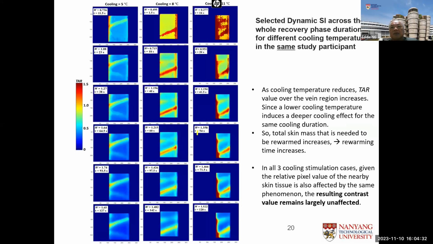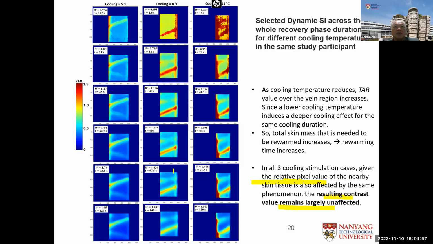Right, what I want to show you here is that we also tested 3 cooling air temperatures, and we found that in all 3 cooling stimulation cases, the relative pixel value of the nearby skin tissue is also affected by the same phenomenon. Thus, the resulting contrast value remains largely unaffected.